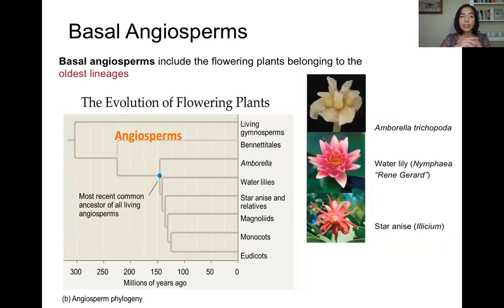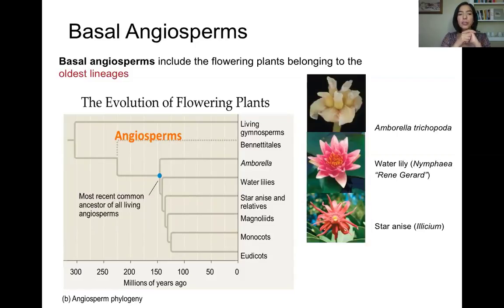The basal angiosperms, and I want to emphasize that basal is a word that your book uses. However, we don't refer to them as basal or less advanced or less complex than others. All of the species are adapted to their environment. So there is no such thing as basal, but we can refer to them as older lineages.